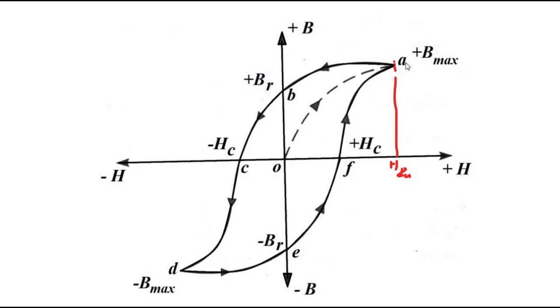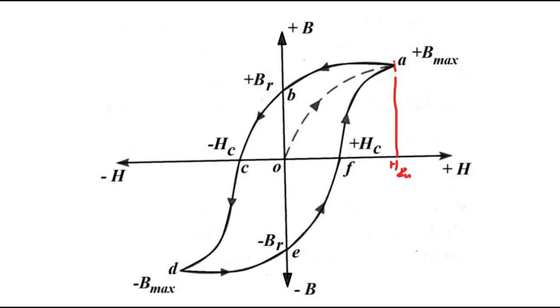Starting from O, it reached this point A by taking the OA path, but when H was reduced from here, instead of taking the path AO, it took path AB.